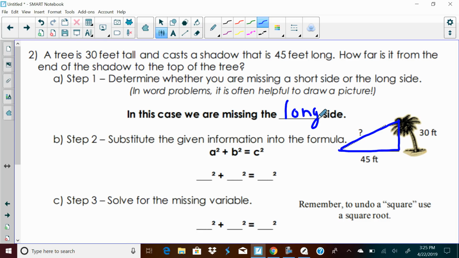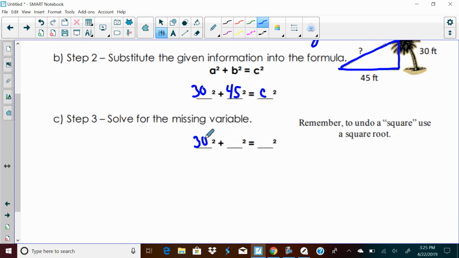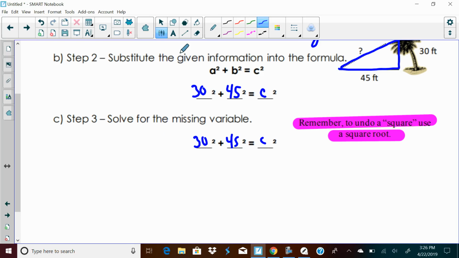So substitute in the given information. I'm going to do 30 squared plus 45 squared equals c squared. And then it gave me a little hint over here to remember, to undo a square, use the square root. So 30 squared is 900. 45 squared is 2025.